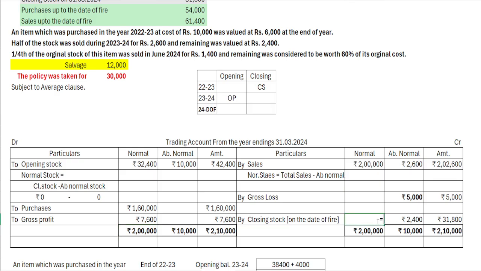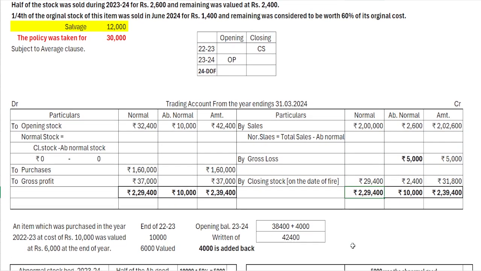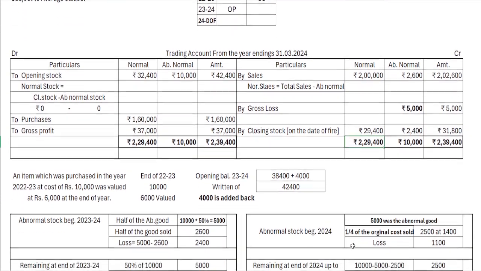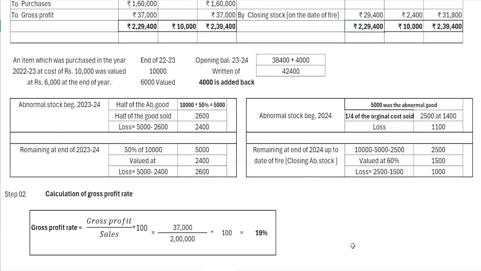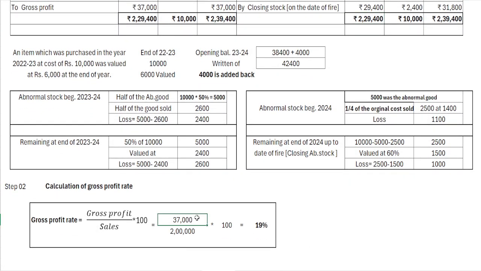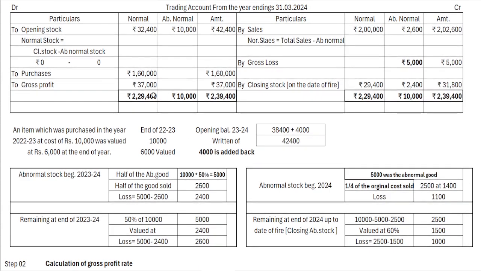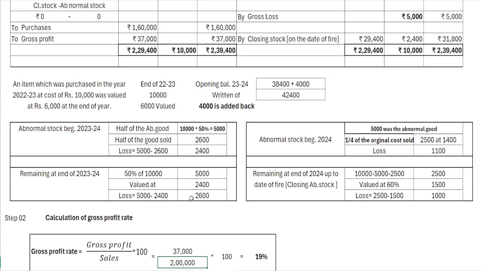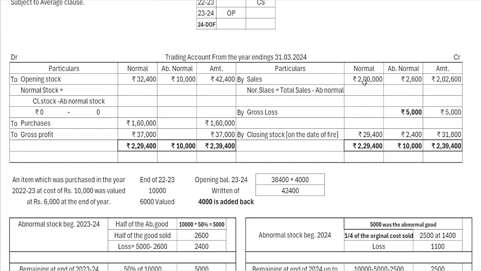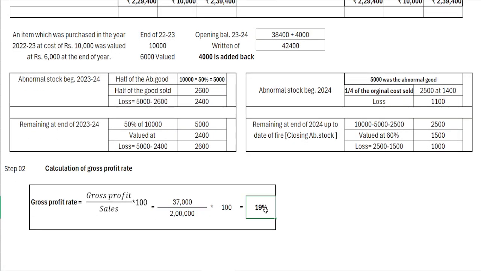Then normal closing stock is equal to total minus abnormal closing stock. Done. Then let's calculate the gross profit rate. Gross profit 37,000 divided by 2 lakhs, which is normal sales, into 100, which comes to 18.5%, or 19% rounded.